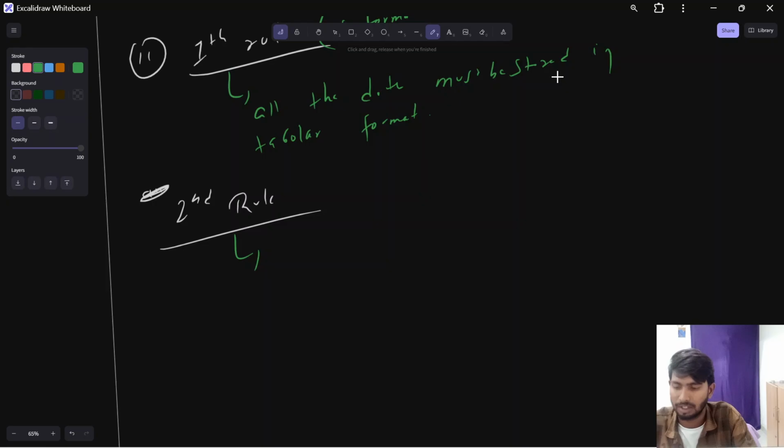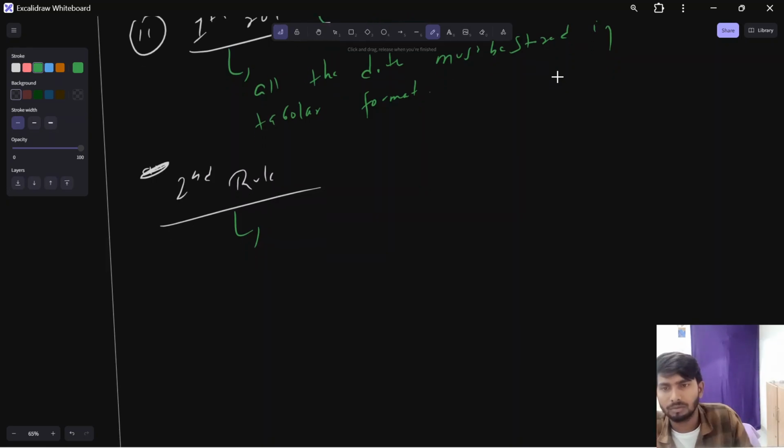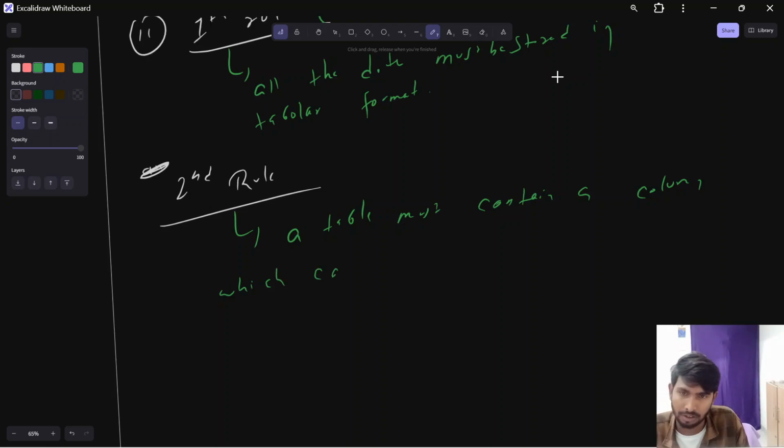Now next. Now we talk about the inside of the table. Okay. Second rule: a table must contain a column which can pick a record uniquely.